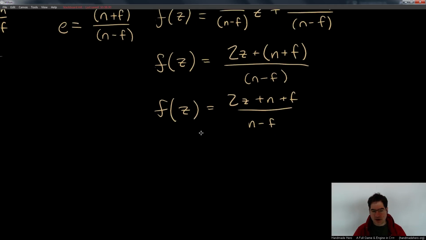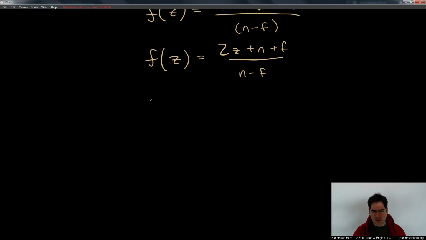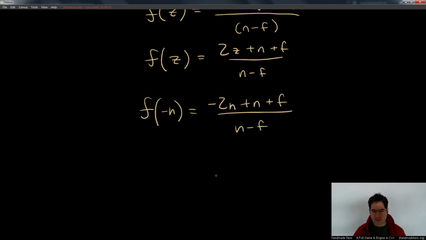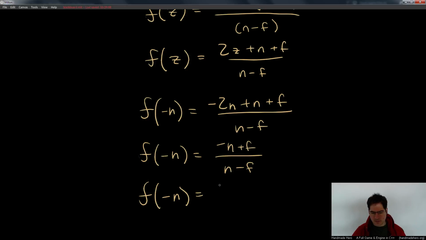So now if I plug in the two values that I'm interested in, if I say f of negative n, what does it equal, right? I would get negative 2n plus f over n minus f. Yes? And if I look at what that equals, f of negative n equals negative n plus f over n minus f, which, if I pull out the negative here, is n minus f, right?